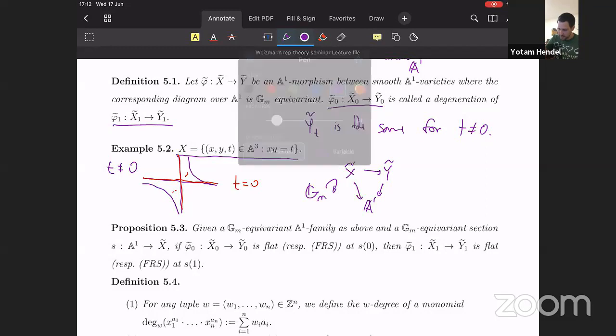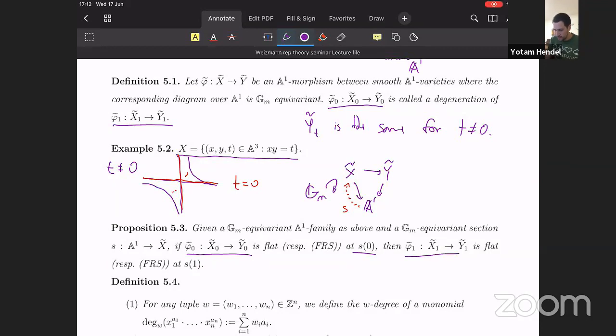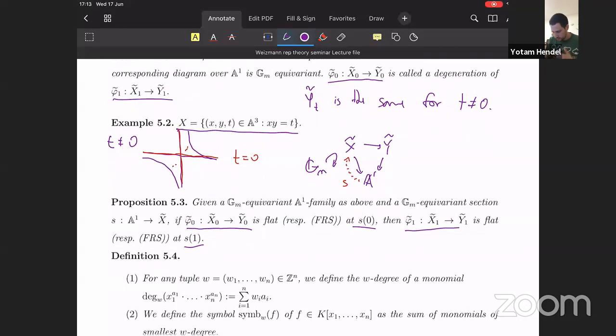Then if I have some section from A1 to X tilde, and I can show that f of 0, so the degeneration, is either flat or FRS at S of 0, then it follows that f of 1 is either flat or FRS at S of 1. And the way that I concretely use it is as follows.